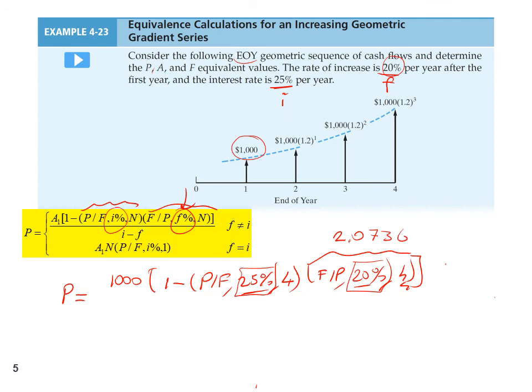And for this one, you need to go to the table with 25% and find P given F for 4. Please check it, it should be 0.4096. And divided by, according to this formula in the denominator, we have I minus F.